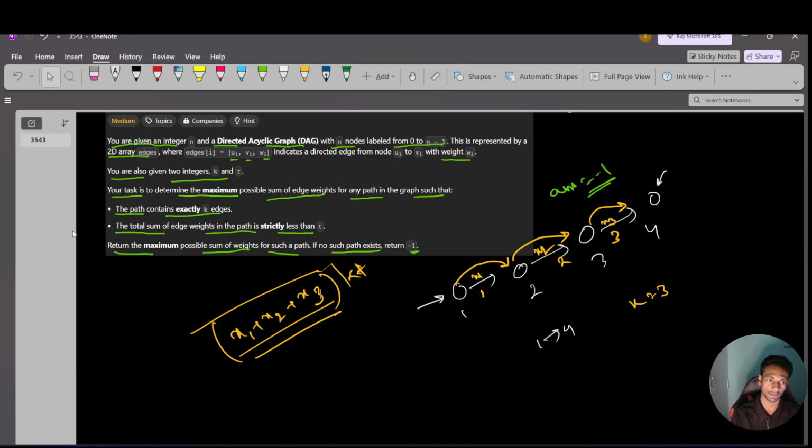That is the first condition. The next condition is that the total sum of the weights along the path we have traversed should be less than t. Got it? Clear? Then this is one possible answer. And if there is no such path, we return -1.